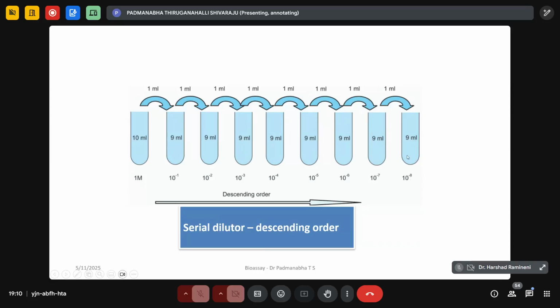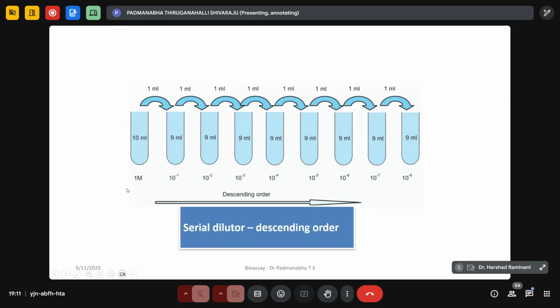We can use these concentrations initially, then go for the higher concentration to check at what minimal dose this unknown product will produce a response in the biological tissue. Later, you can go with the maximum dose and check for the tolerability, the lethal dose or the maximal effective dose, and at what dose the adverse effect will be seen at the higher doses.